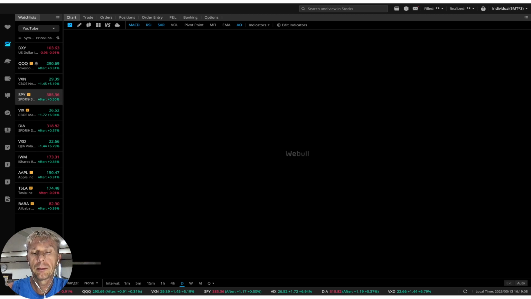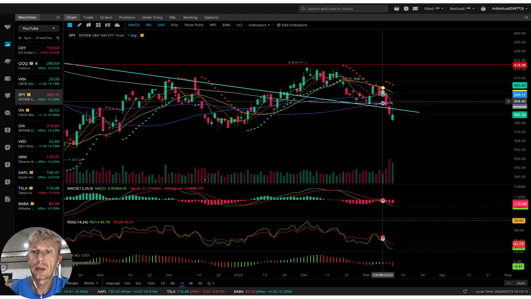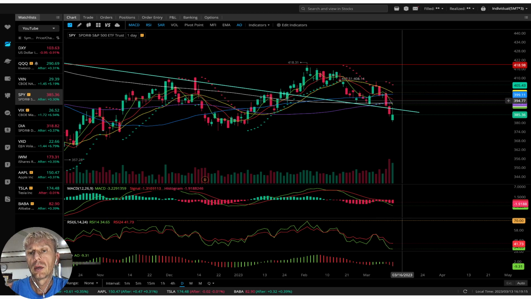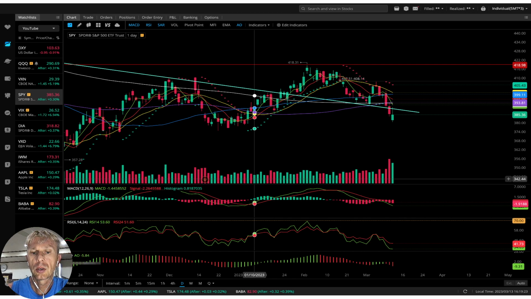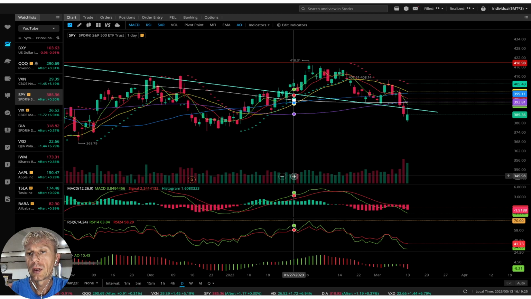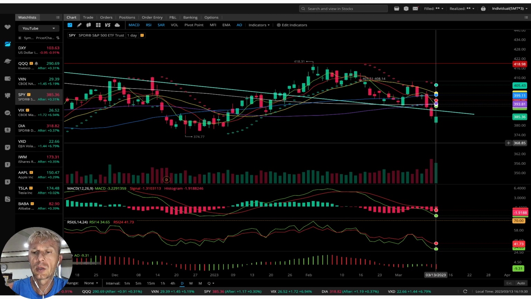Let's move to SPY. SPY, MA50 also above 200, but MA5 did bearish crossover over 200. It is bearish signal on all indicators for SPY.